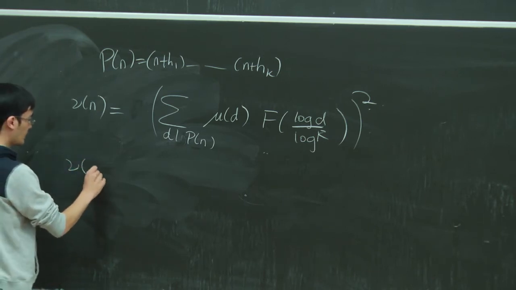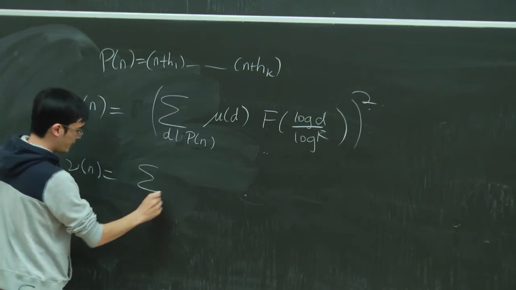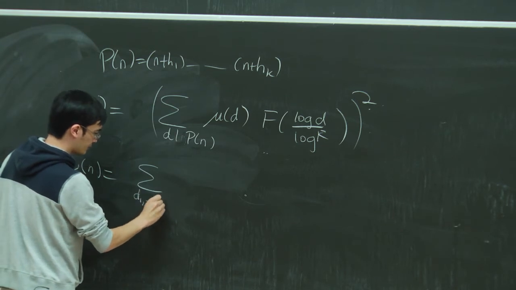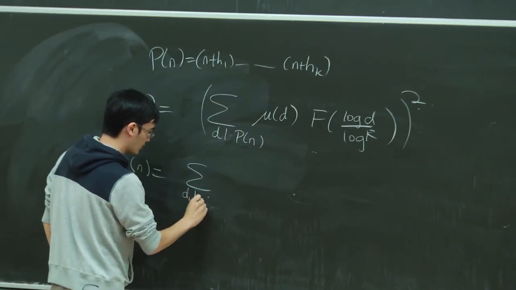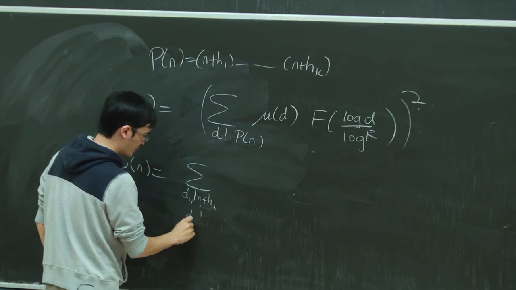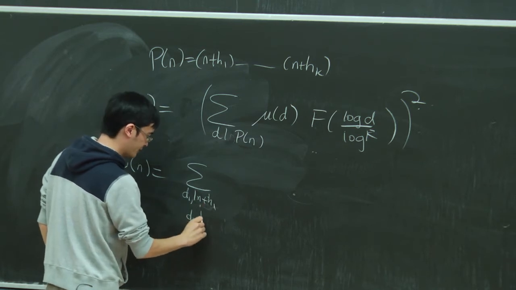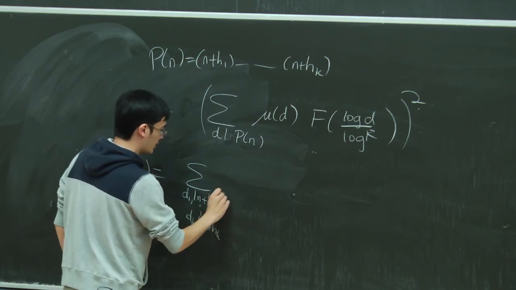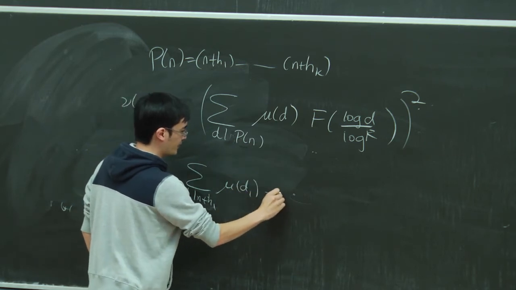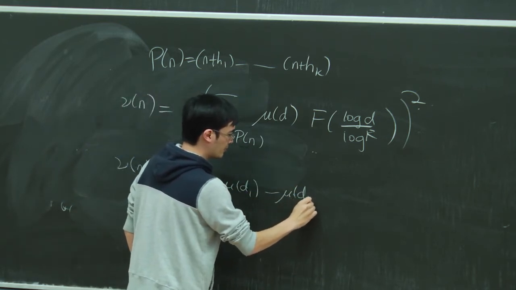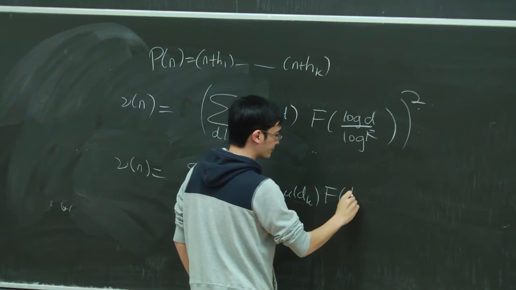So Maynard realized that there's what we now call a multidimensional Selberg sieve, that there's a better way to sieve these things.